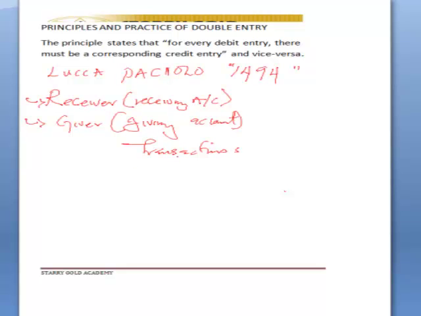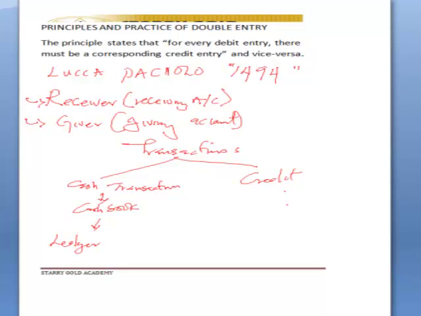The cash transactions must pass through what we call the cash book, and the final destination is the ledger. The credit transactions must pass through what we call day books, and the final destination is also the ledger.